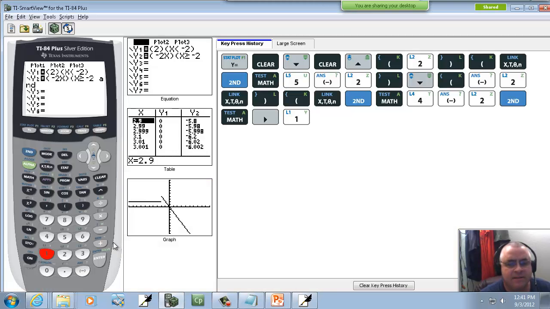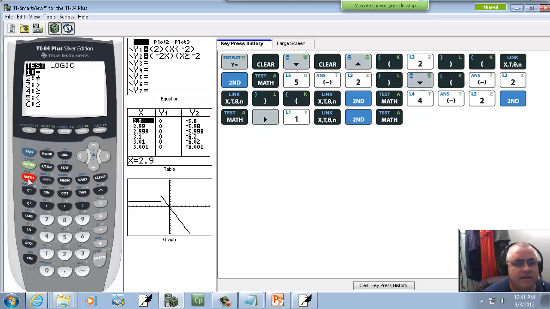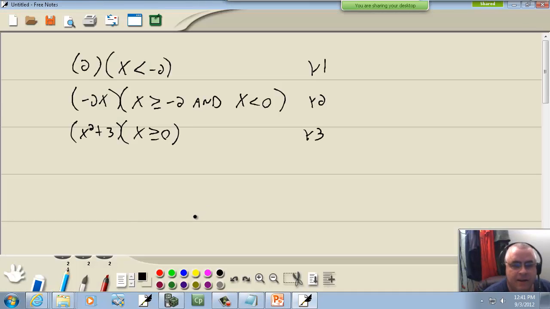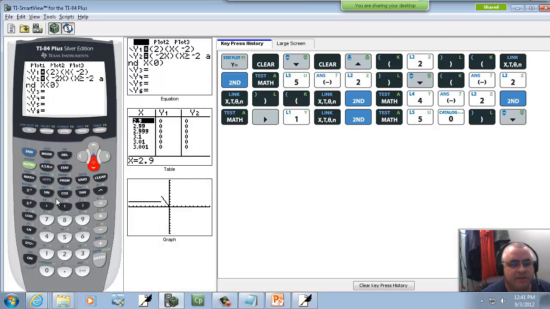And x is less than 0, so I do x, go in my test menu, less than was 5, 0, closing parentheses, down arrow. Okay. And then y, x squared plus 3 inside of parentheses.